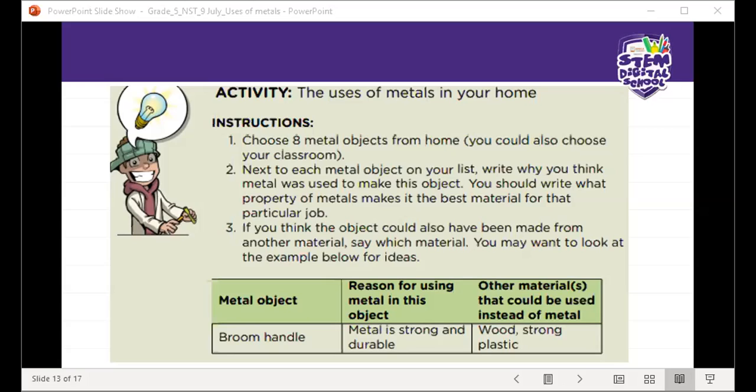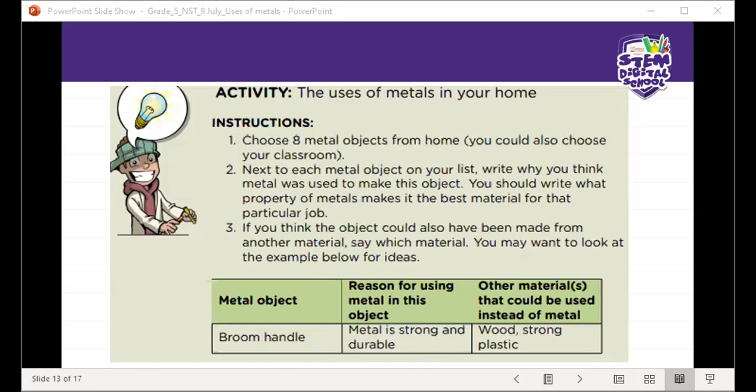And stapler is used to staple papers, ma'am. All right. Okay, beautiful. I think that they took metal and made this stapler because it's easy to staple papers than other things, ma'am.